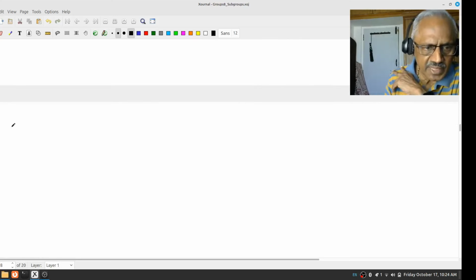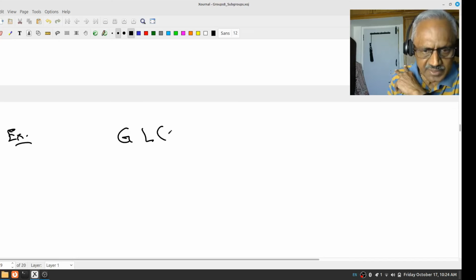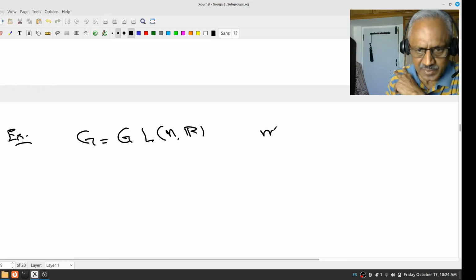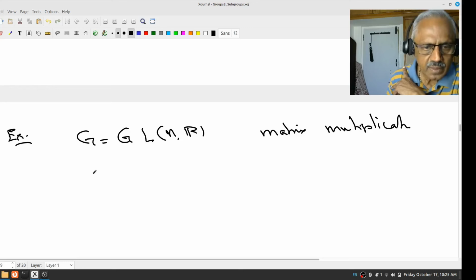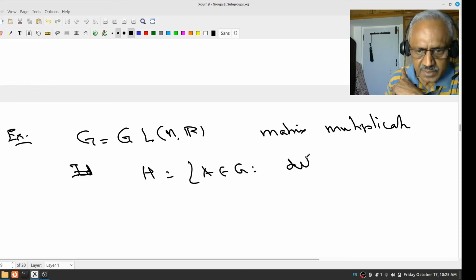Very similar to that is the next example. Let us look at GL2(R), maybe GLn(R) also. This is my group G, under matrix multiplication. These are all the set of n by n invertible matrices. Now let us look at H to be the set of A in G such that the determinant of A equals 1.